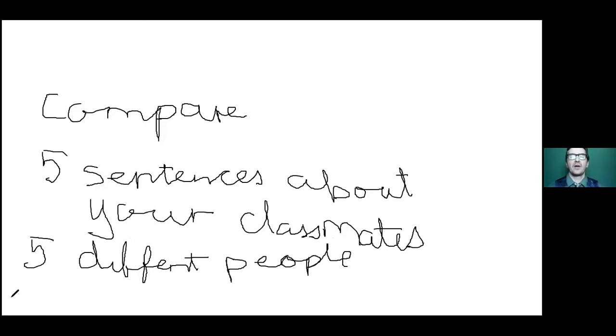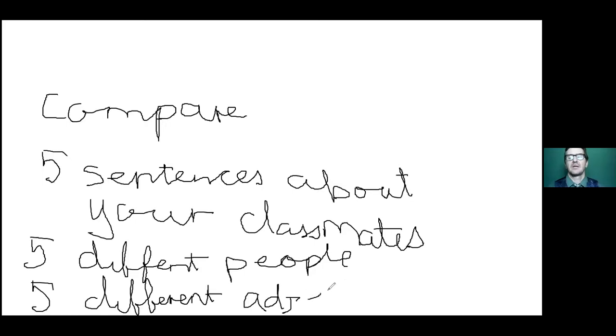And the last one of the rules, five different adjectives.